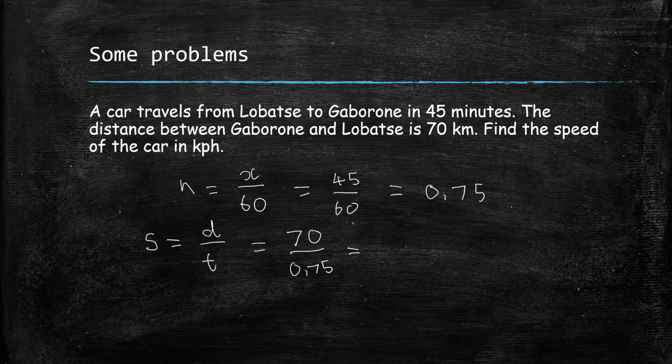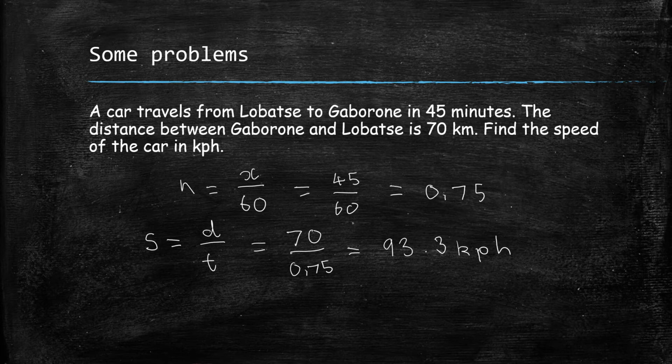So 70 divided by 0.75 in the calculator gives us 93.3, rounded off, kph.